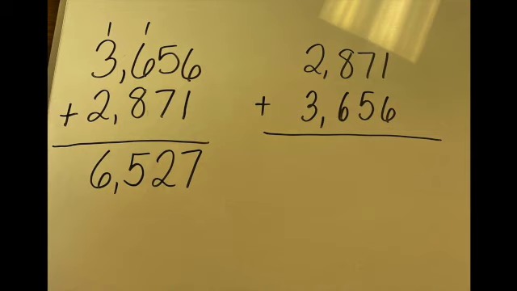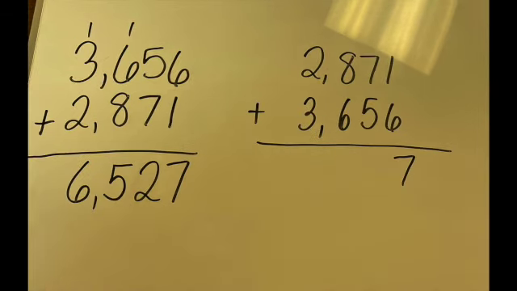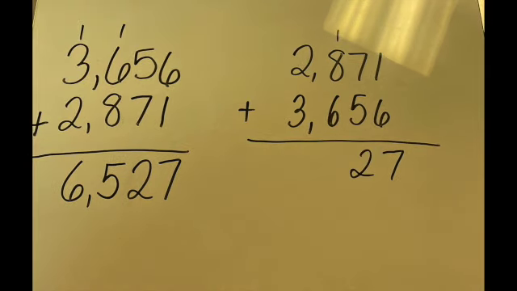So instead of 6 plus 1, now we have 1 plus 6. Oh, we know that that's still 7, so we'll put our 7 down. Then we have 7 plus 5. Remember, that was 12, so we're going to put our 2 down, and we're going to carry our 1 from our tens place over to the next place value. We have 1 plus 8 plus 6. That gets us 15.